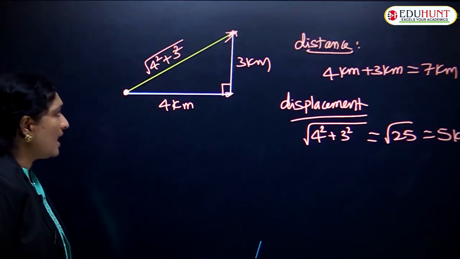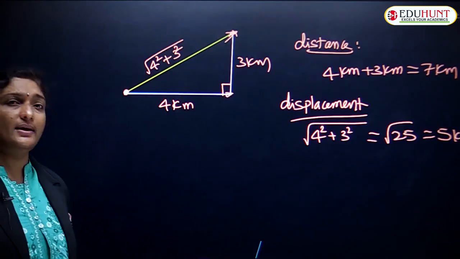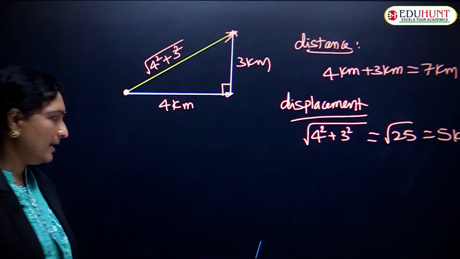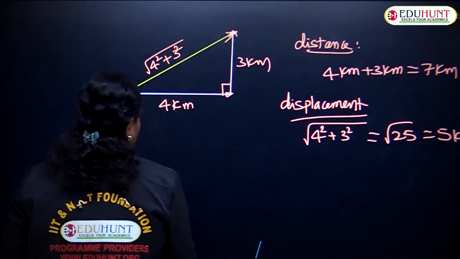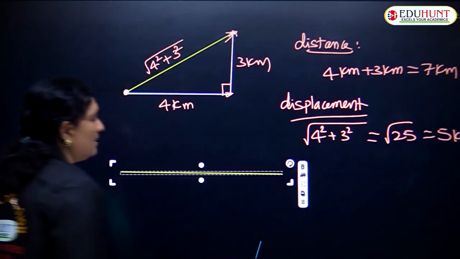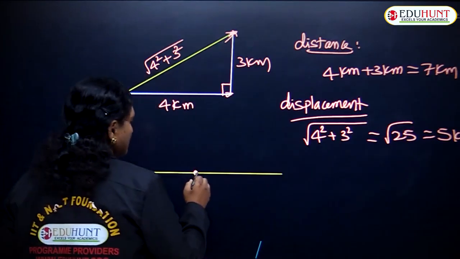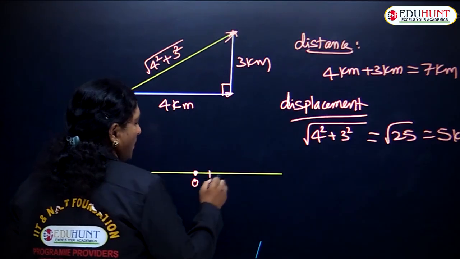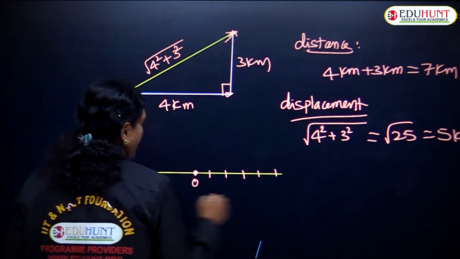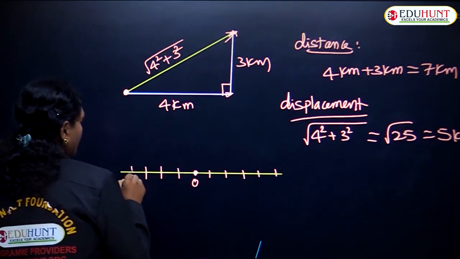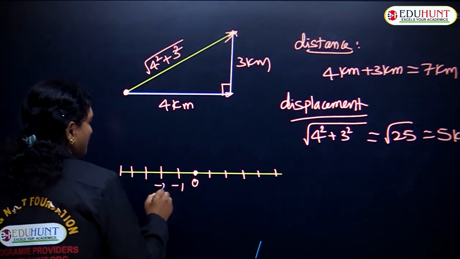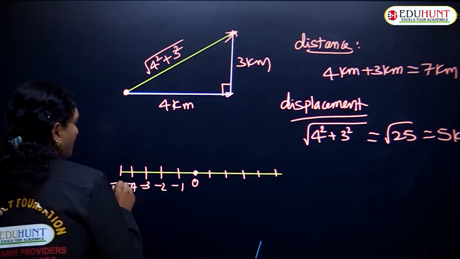Okay. And there are possibilities where displacement and distance can be the same. Let us try to understand this by representing a number line. On this number line, we consider this as origin, 1, 2, 3, 4, 5, and minus 1, minus 2, minus 3, minus 4, minus 5.